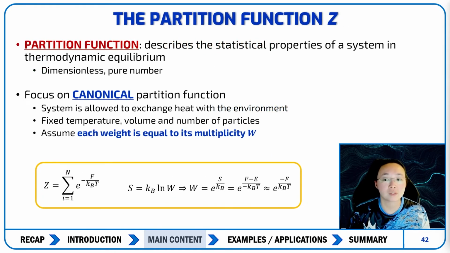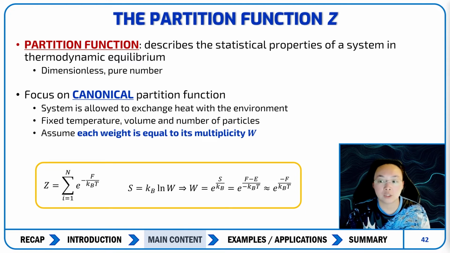We now introduce something called the partition function Z, which describes the statistical properties of a system in thermodynamic equilibrium. It's a dimensionless pure value. For our purposes, we just want to focus on the canonical partition function, which means that the system is allowed to exchange heat with the environment, but at a fixed temperature, volume, and number of particles.